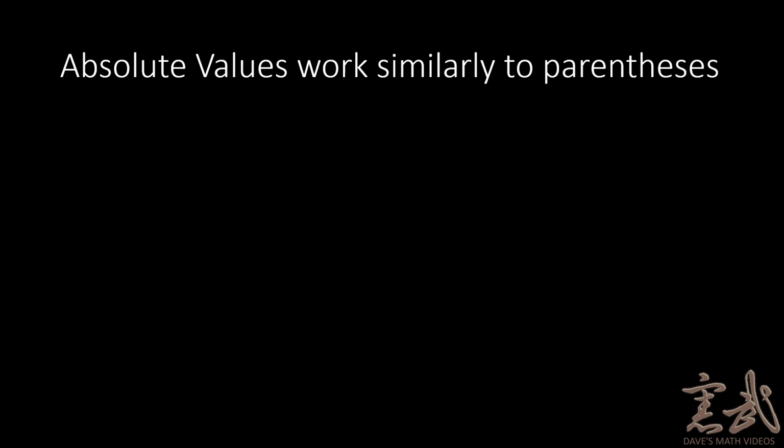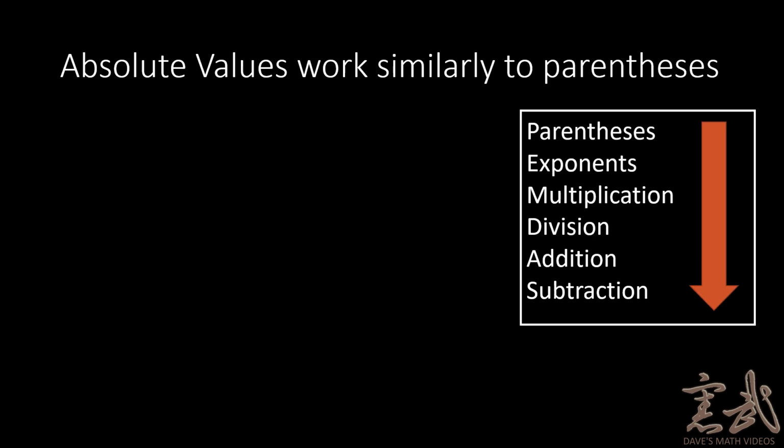One important thing to remember is that absolute values work similarly to parentheses. Recall that when I'm following my order of operations, parentheses take precedence over all other operations. So therefore, if I see absolute values, I have to evaluate what is within the absolute value sign first.